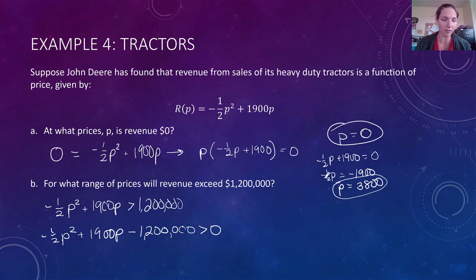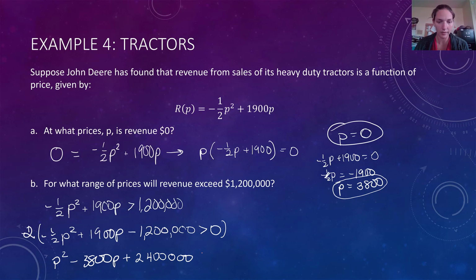So if we multiply everything by -2 to get rid of that -1/2, I get P squared minus 3,800 P plus 2.4 million is now less than 0, right? I swap my sign because I multiplied by a negative.